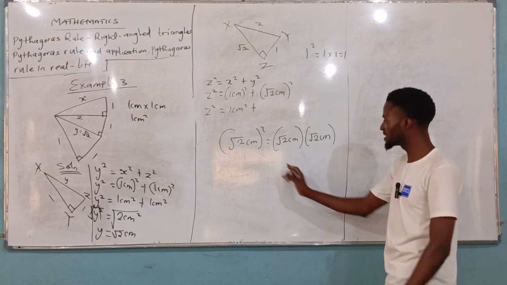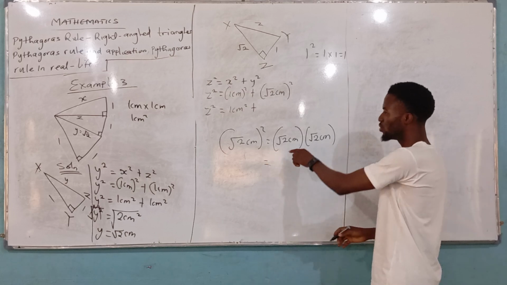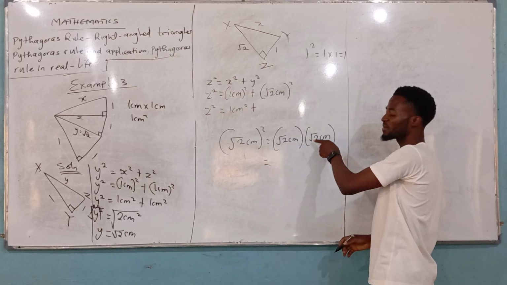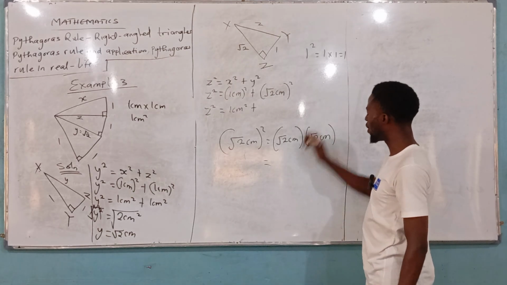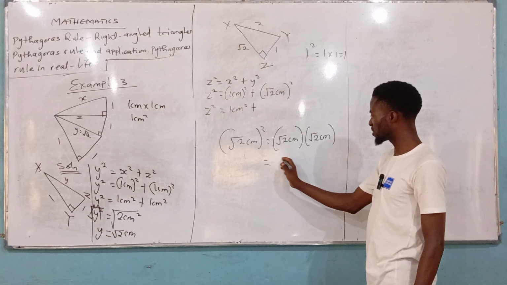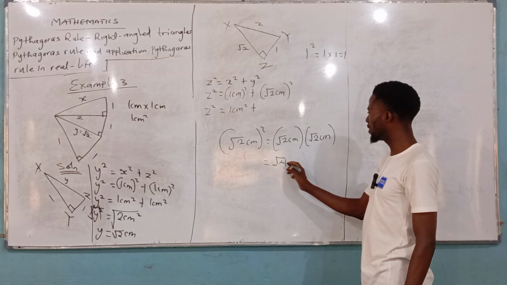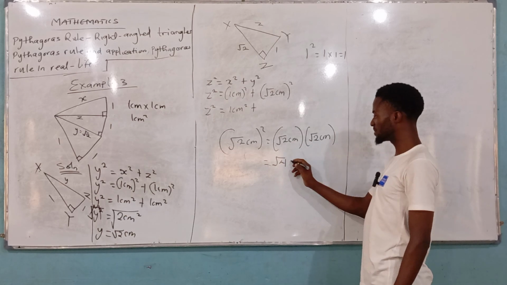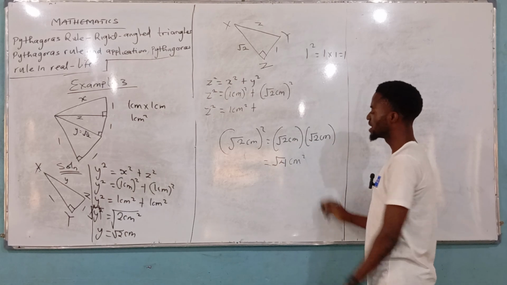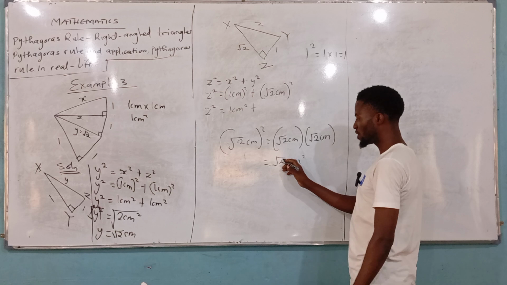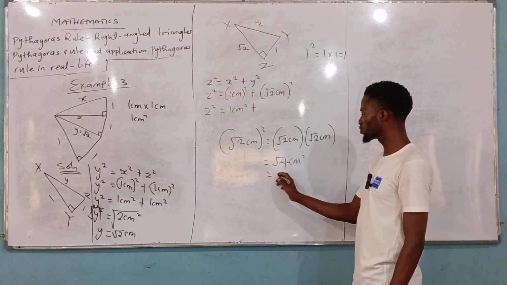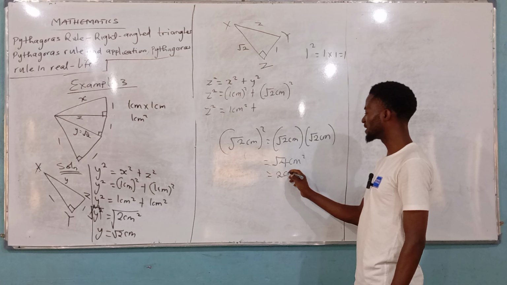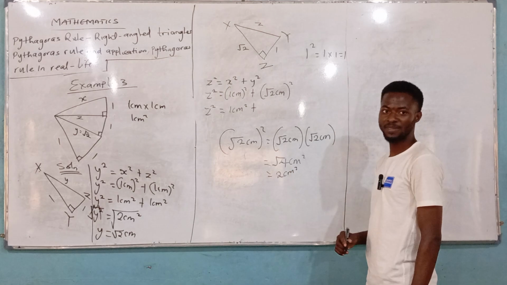Root 2 multiplied by root 2 gives root 4, and root 4 is a perfect square. Centimeter multiplying centimeter gives centimeter squared. Root 4 is a perfect square, which gives 2 centimeter squared.